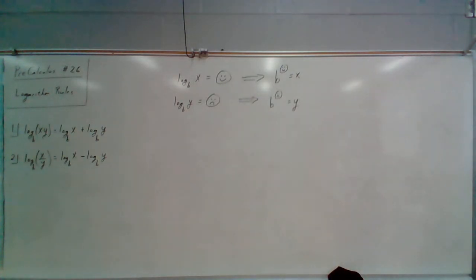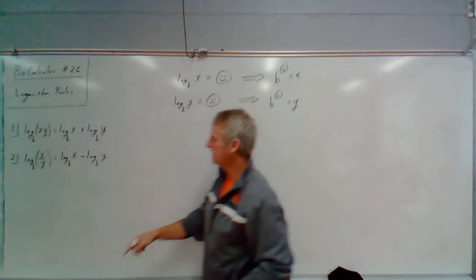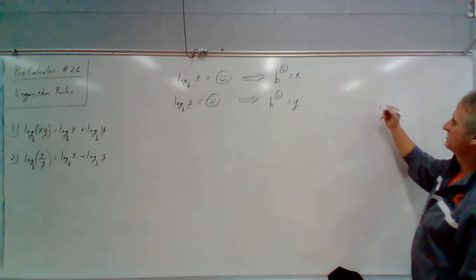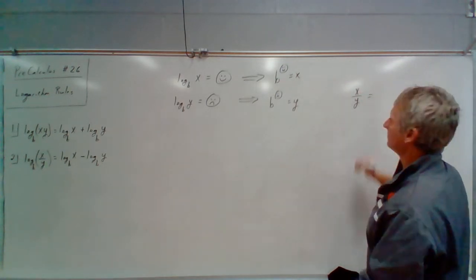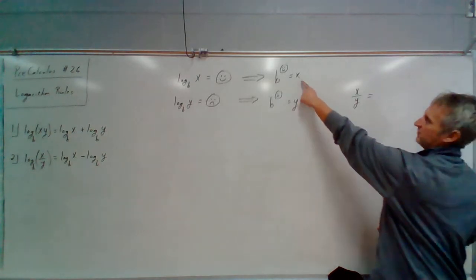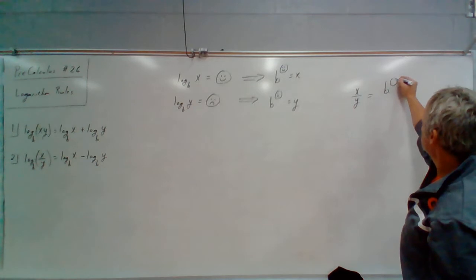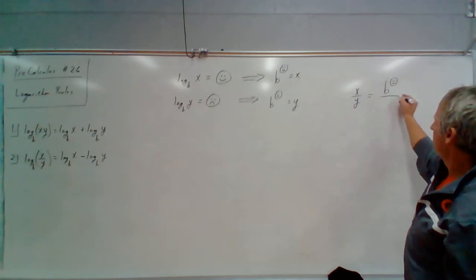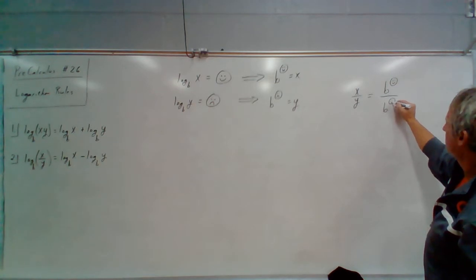Alright, and now I notice that in my rule I have an x over y, so that's what I'm going to do. I'm just going to say x over y equals, now what will that equal? Well, x is b to the smiley, over y is b to the frowny.